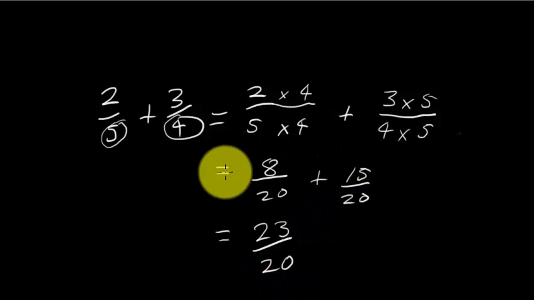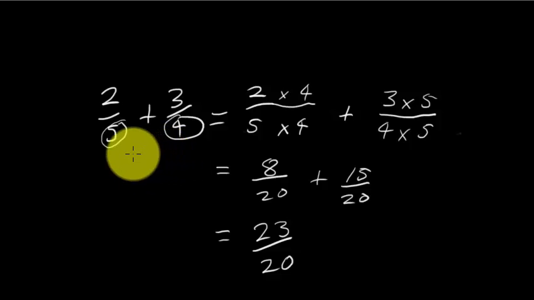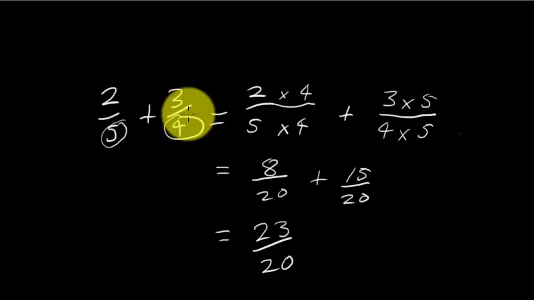Okay, have a good look at that. So what we did, we worked out a common denominator for both 2/5 and 3/4. We looked at the two denominators, 5 and 4, and we're looking for the lowest common denominator. And between those two, it's 20.